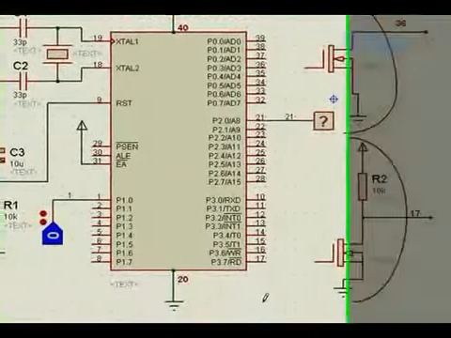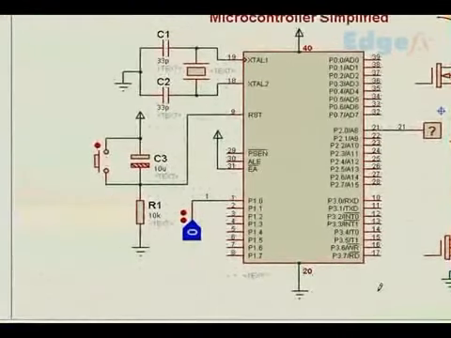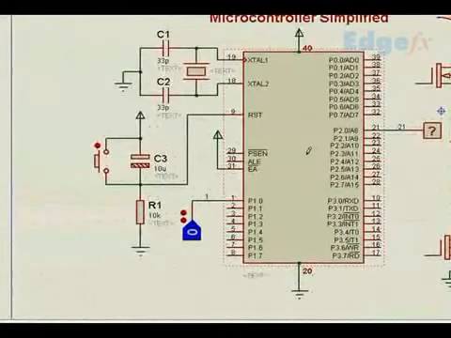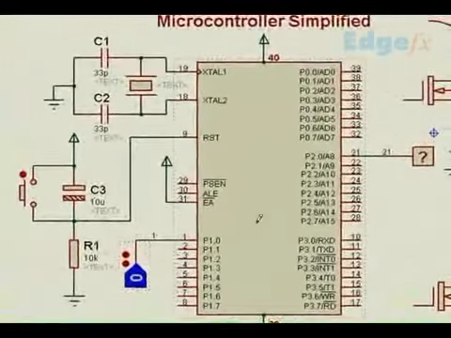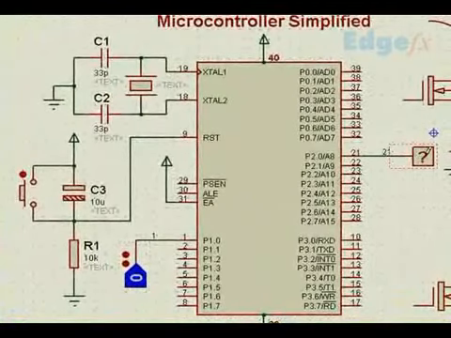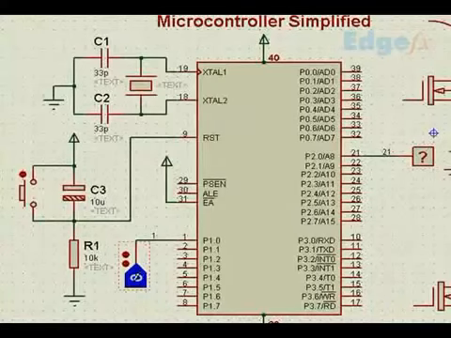Now let's come to the programming part. I have already dumped a program on this microcontroller, written so that when I give this pin number 1 a logic 0, this pin number 21 will go logic 1, or vice versa. When I give logic 1 here, this will go logic 0.